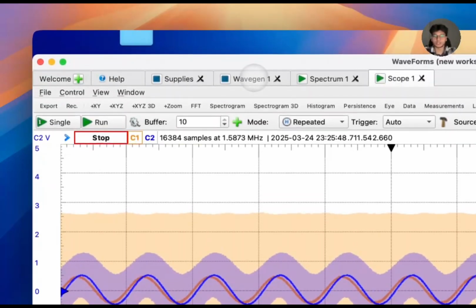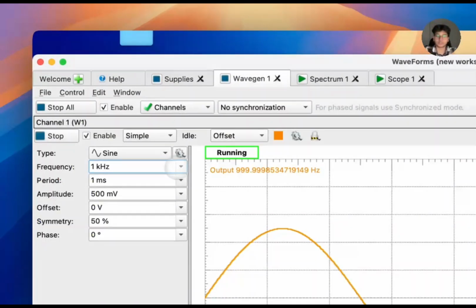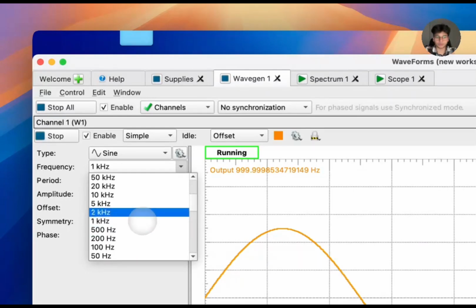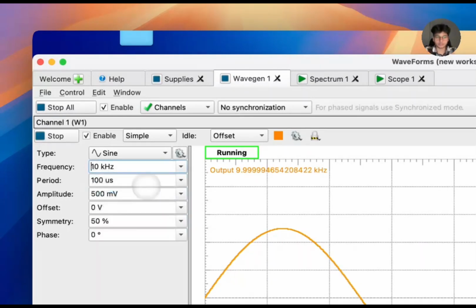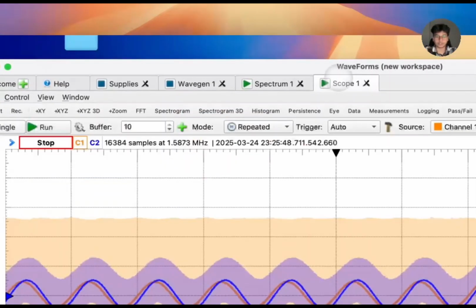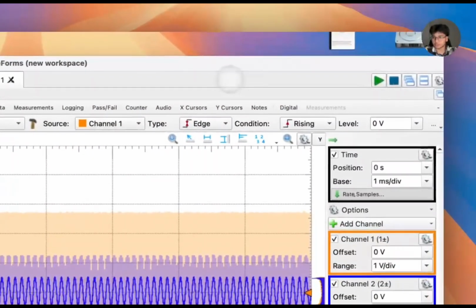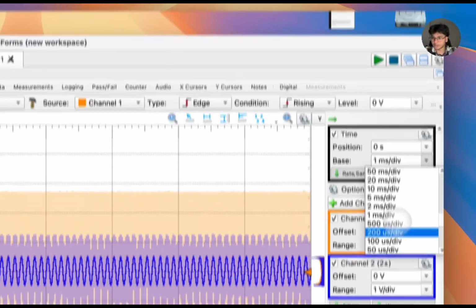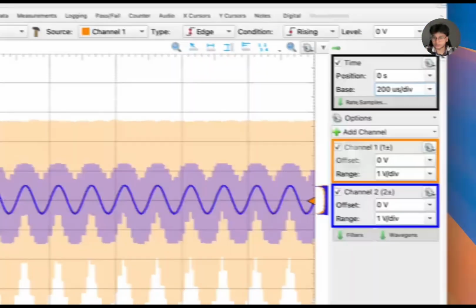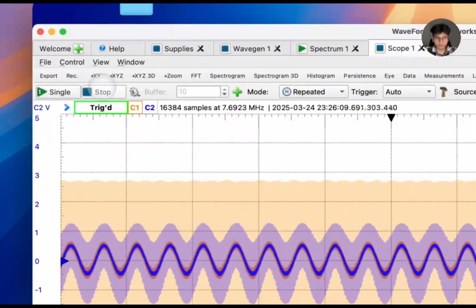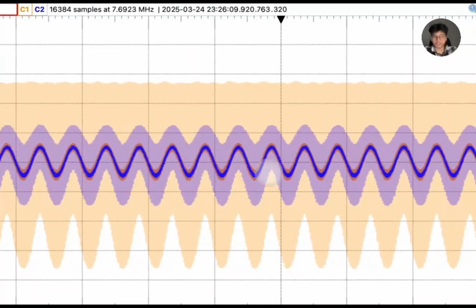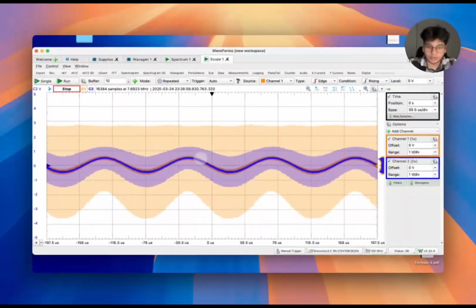However, before we do that, we also discussed that higher frequencies are better, so we will move this up to, let's try 10 kilohertz. Now, if we take a measurement at the scope, I'm just going to change this range over here to something like that. Okay, we can see practically perfect linearity, right?